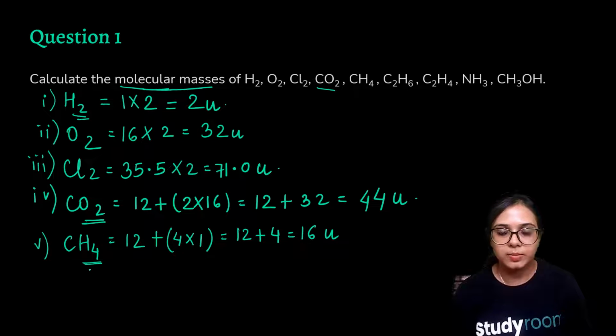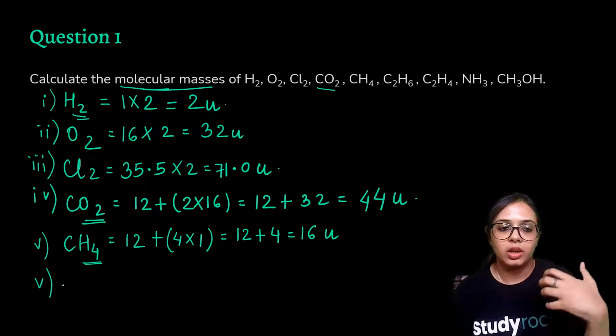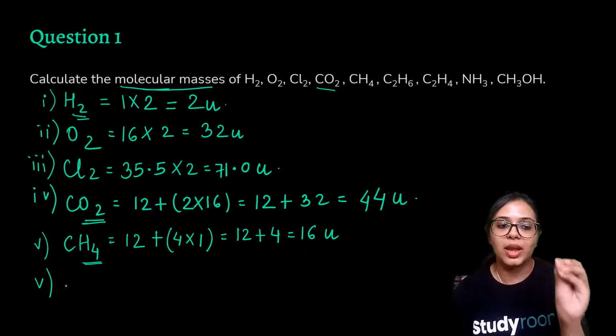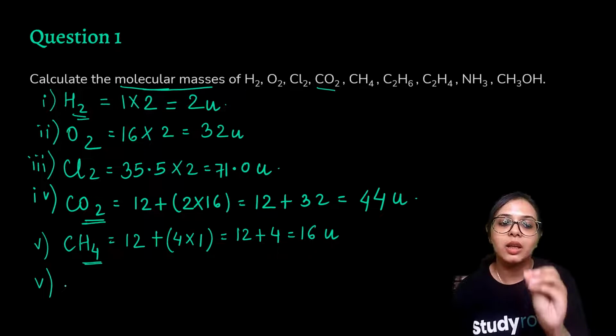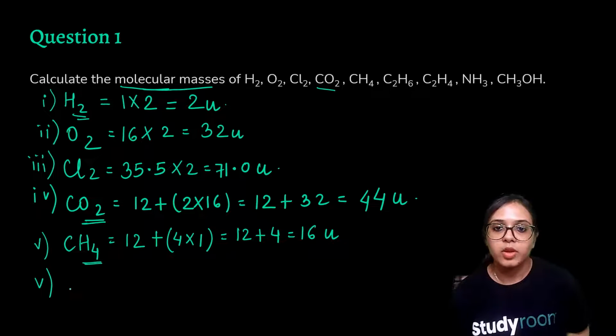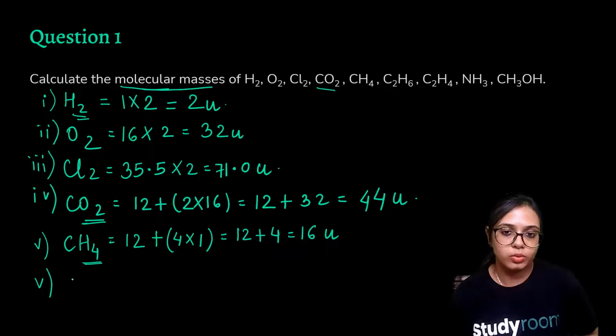Okay, it's simple, right? You just have to keep a tab on the number of atoms that are there, and you have to multiply that specific number of atoms with the atomic mass unit of that particular atom. So for example, C2H6, we have 2 atoms of carbon.